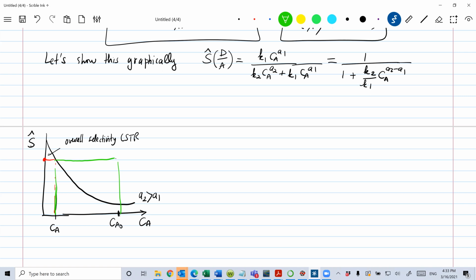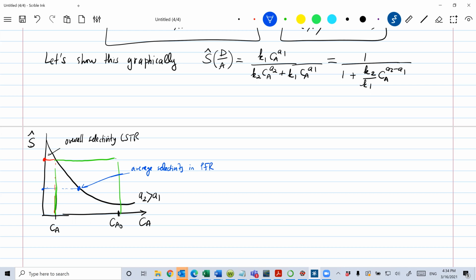Now, let's say we were to look at a PFR and we say that is the average. So it's going to be somewhere in between. Let's say it's here. Now this is the overall, this is the average selectivity in PFR.